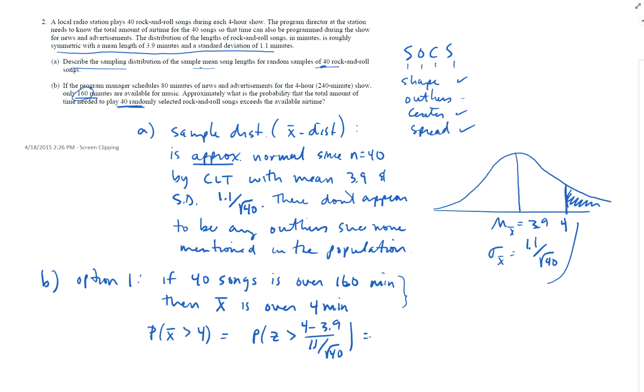If I do that on my calculator, I can actually do normal CDF on the original mean, not 3.9. Normal CDF, 4, comma, a big number, comma, 3.9 is the mean, and then the standard deviation is 1.1 divided by the square root of 40.